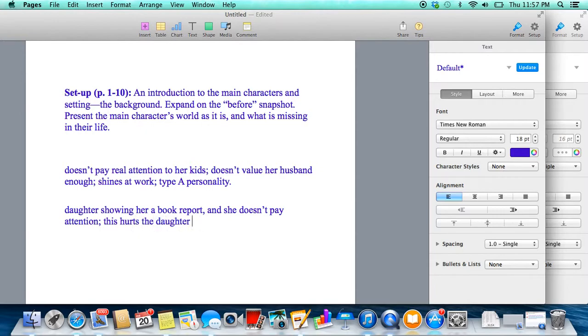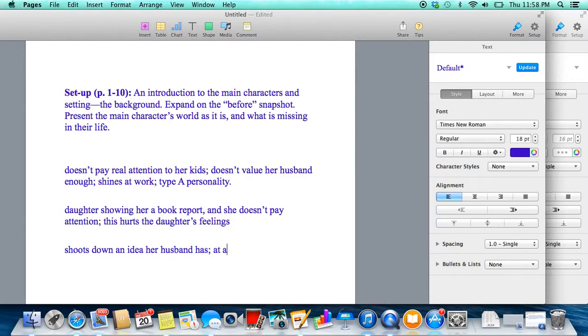One thing I like is seeing these scenes like a movie in my head, because if I can see it, then I can write it. Even if it doesn't end up exactly like this, having this as a guide to work through helps me. So this hurts the daughter's feelings. She doesn't value her husband enough. Maybe she shoots down an idea her husband has.